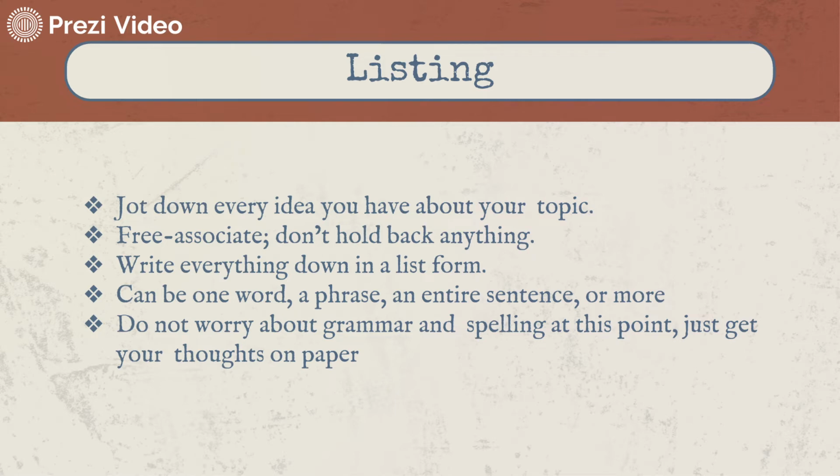Write everything that comes to your mind. It can be one word, a phrase, an entire sentence, or more. However, this is going to be a listing system where you're going to list from number 1, number 2, number 3, and the list goes on.